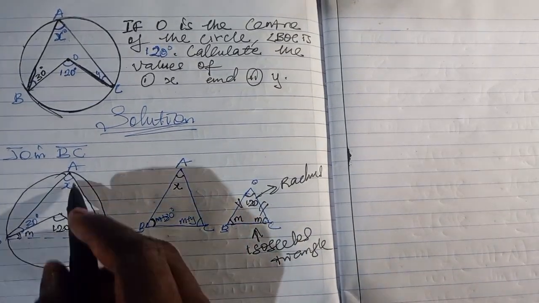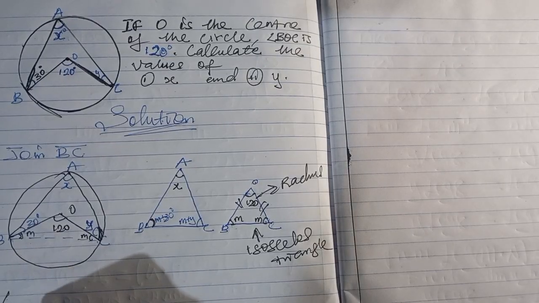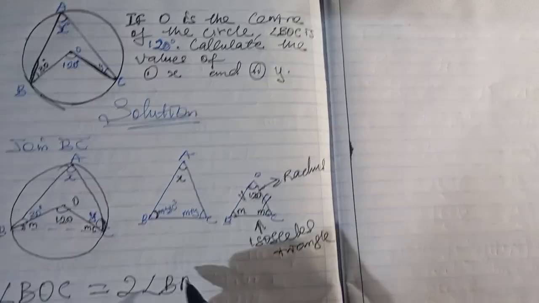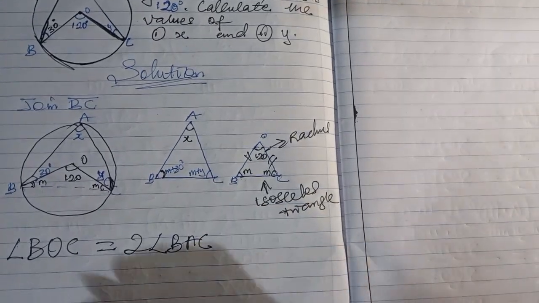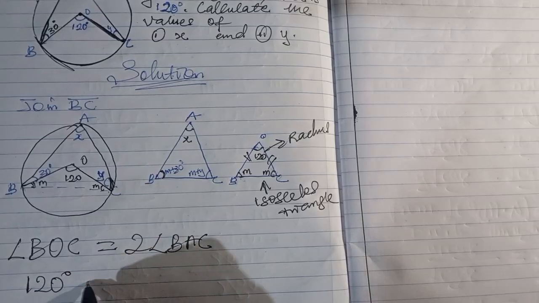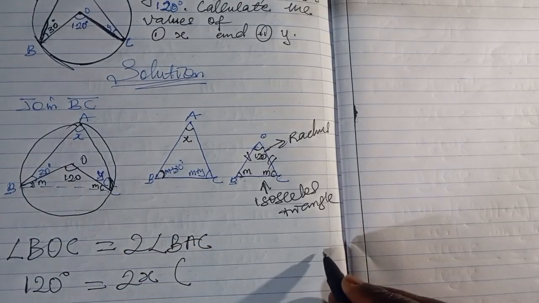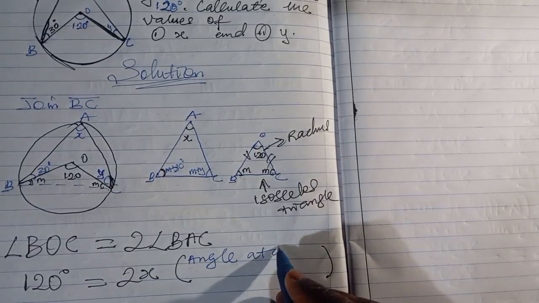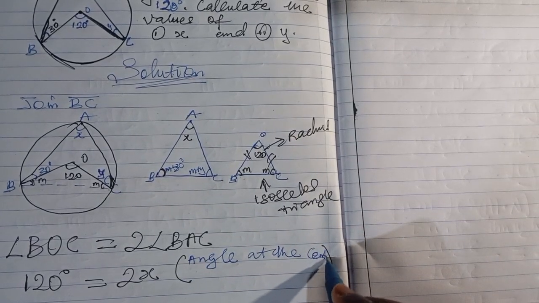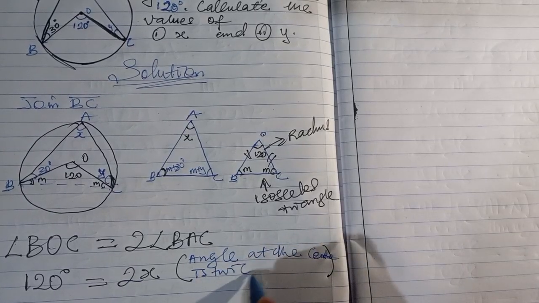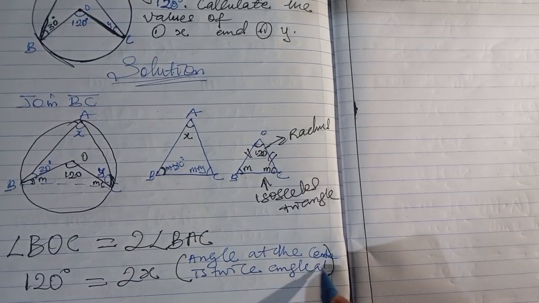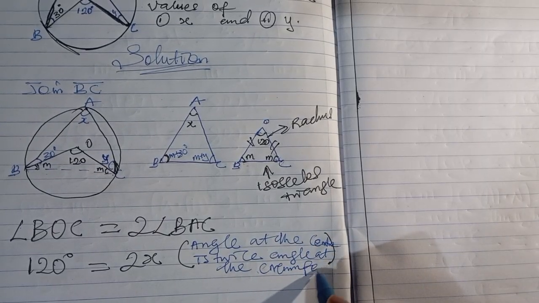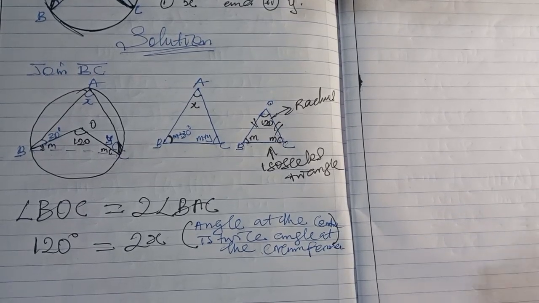Alright, let's proceed. Now to find x, angle BOC is 2 times angle BAC. That is, 120 degrees is equal to 2x. The reason is angle at the center is twice angle at the circumference.